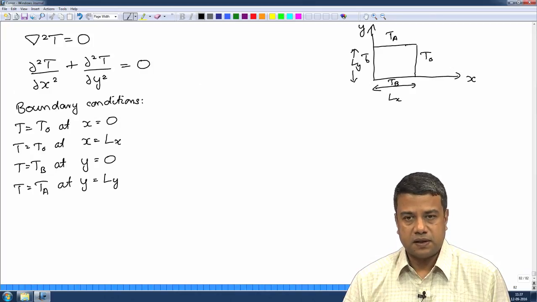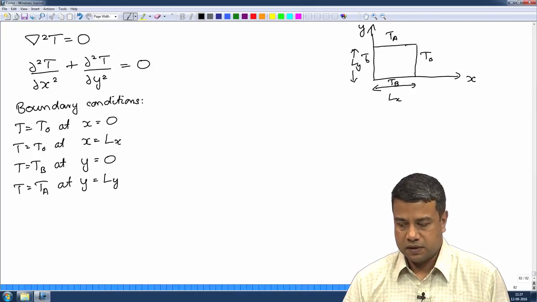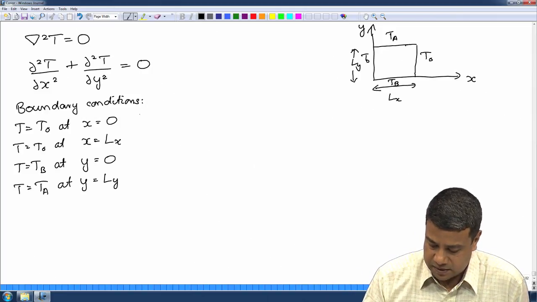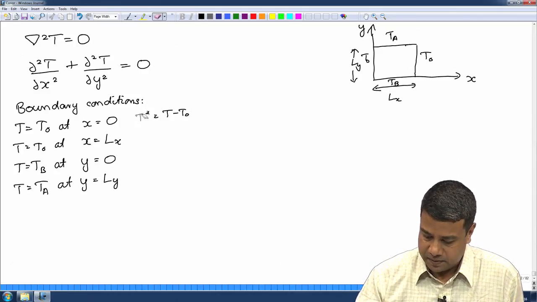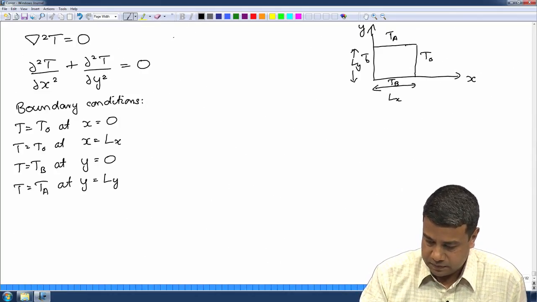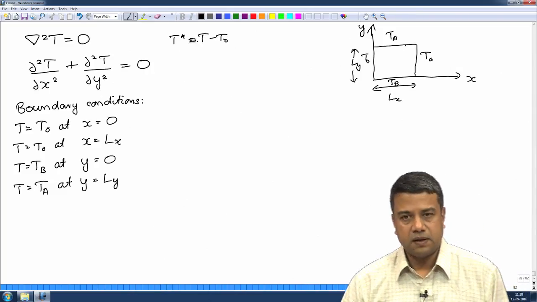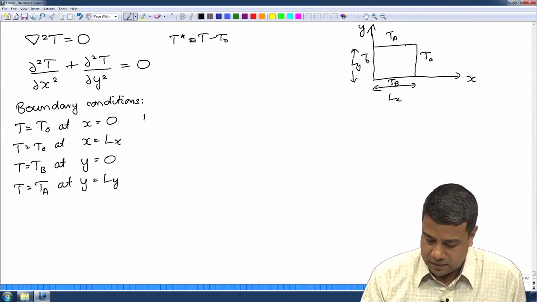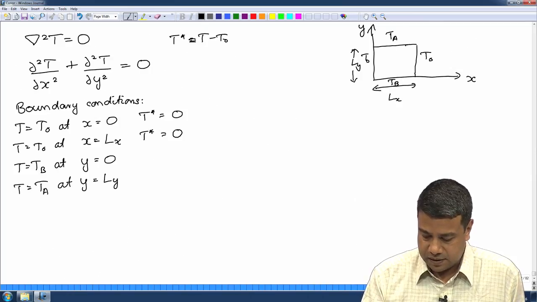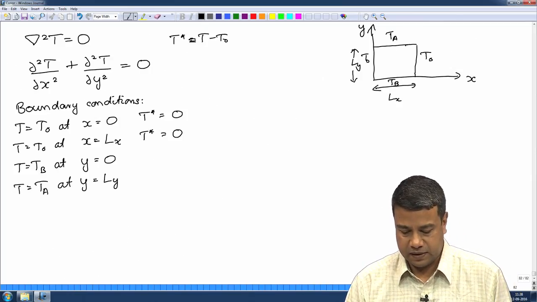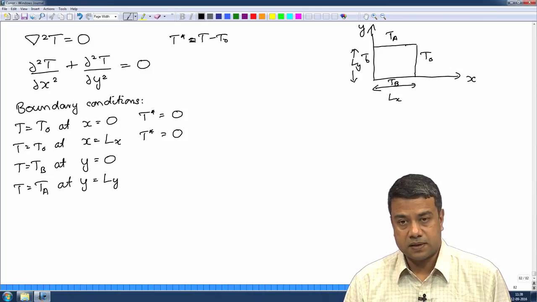In this particular case, I can ensure that the temperature is 0 on the surfaces at x equal to 0 and at x equal to Lx just by writing T star equal to T minus T naught. I will ensure that T star is equal to 0 at x equal to 0 and T star is equal to 0 at x equal to Lx. The inhomogeneous direction then becomes the y direction.